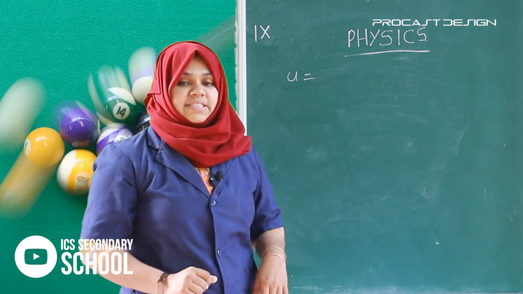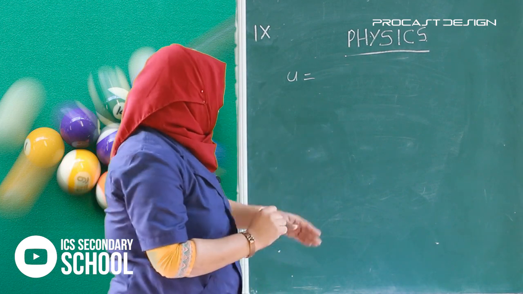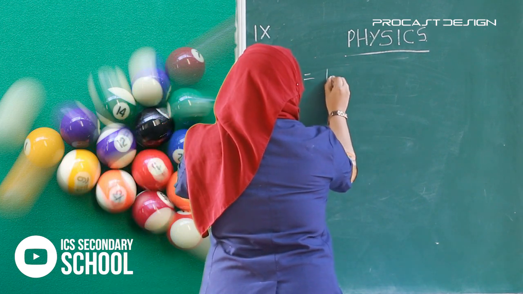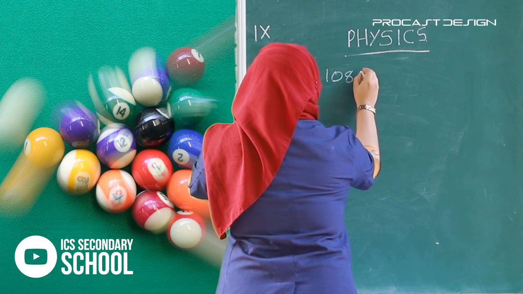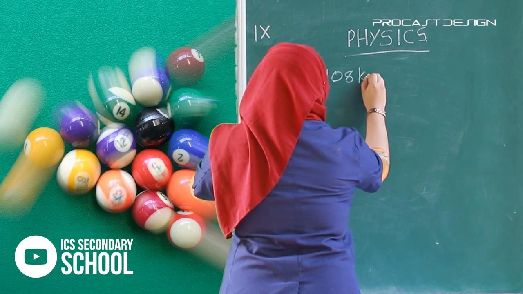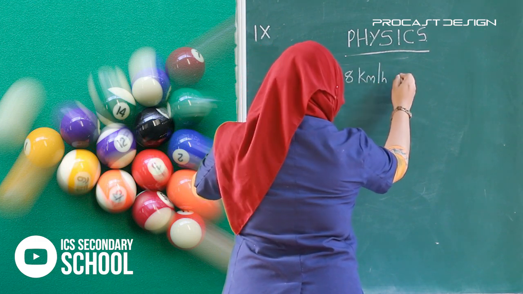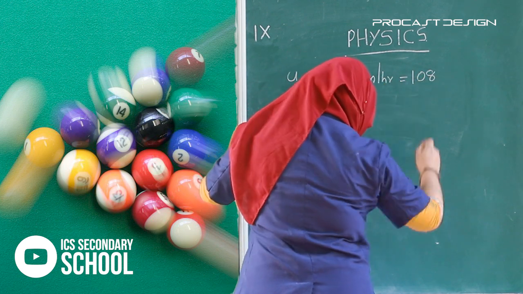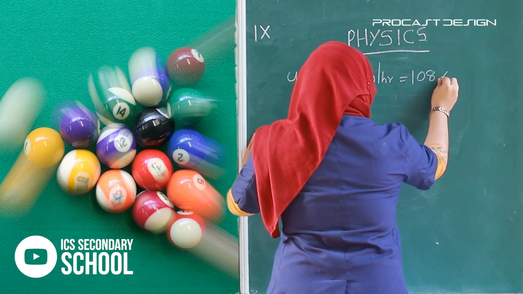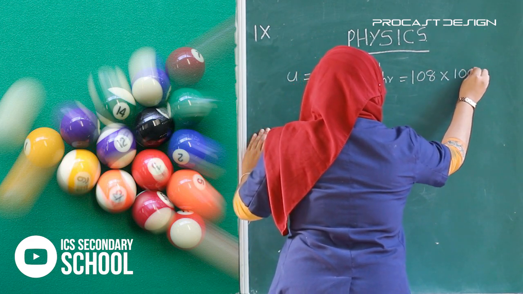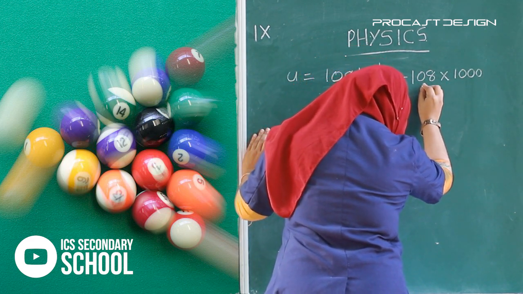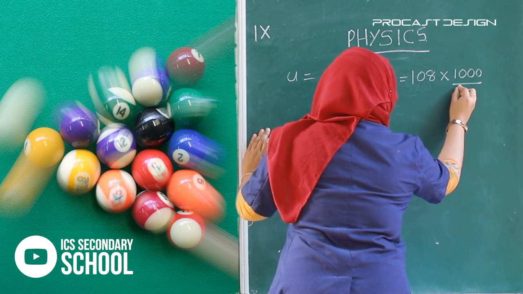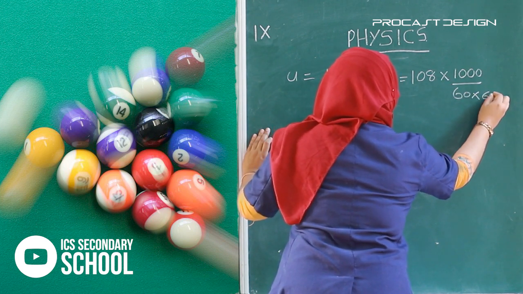How to convert this into meter per second? 108 kilometer per hour is equal to 108 into 1000 divided by 60 into 60.